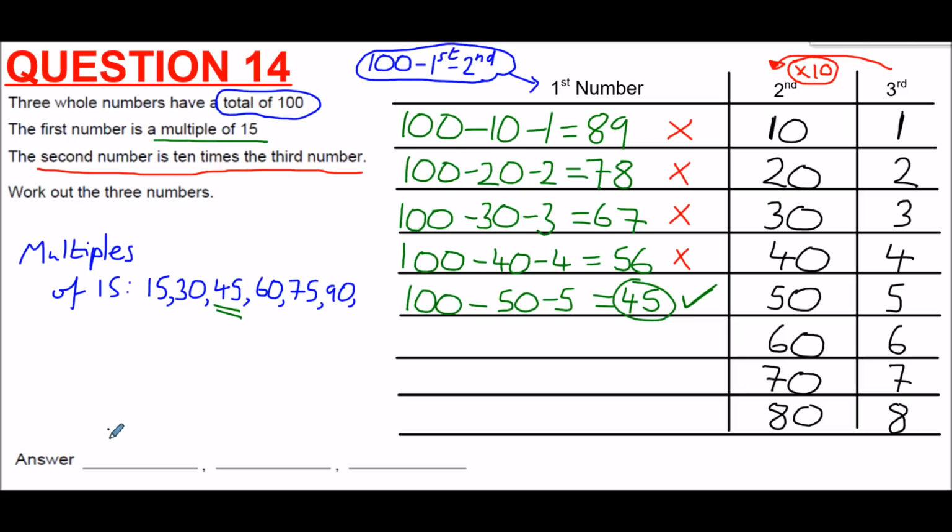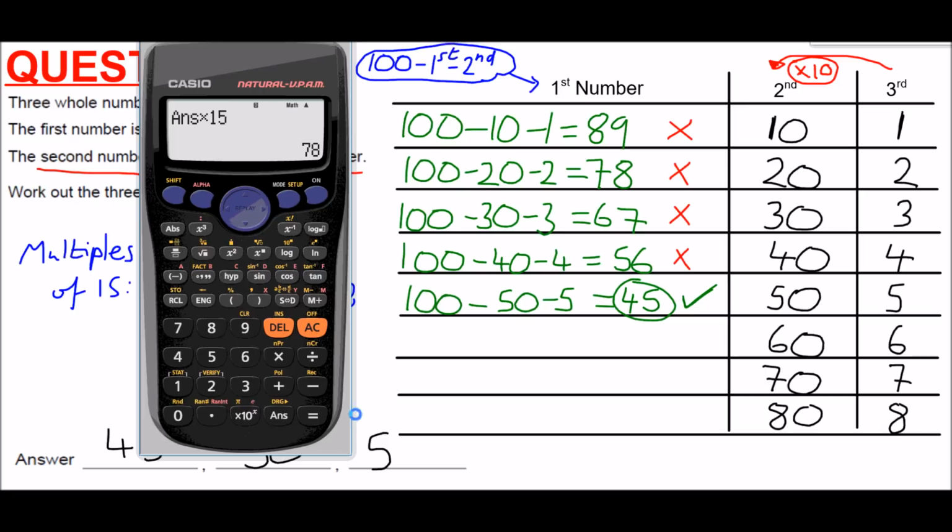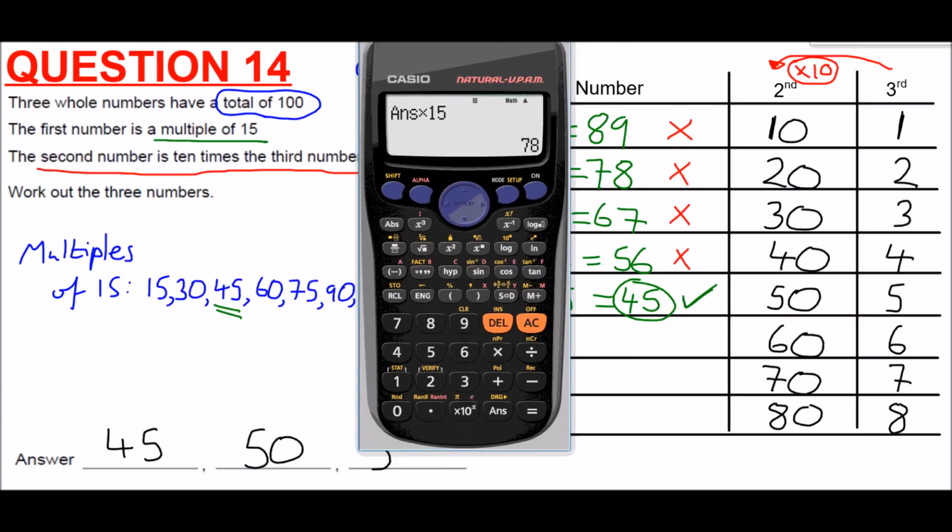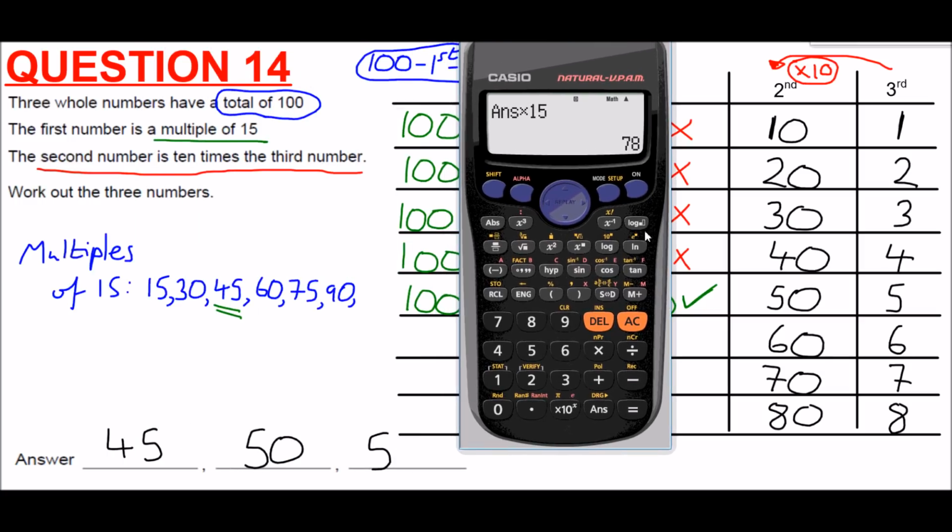We know it's got to be 45 for your first number. That's 3 times 15. The third number would be 5. And the second number, 10 times a third, 5 times 10 is 50. And as a double check on your calculator, do these add up to 100? And they certainly will. 45 plus 50 plus 5 equals 100.